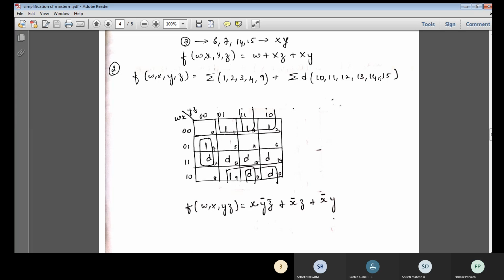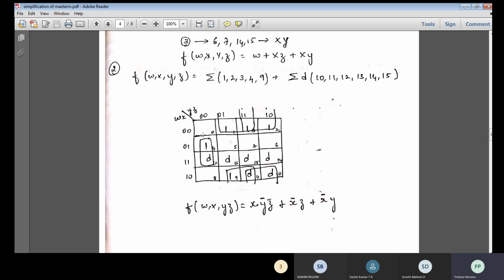After placing it, I should group. My main intention will be to group every cell having 1, with the help of the don't care terms or with the help of the ones in adjacent cells.